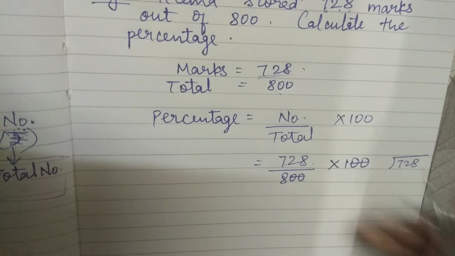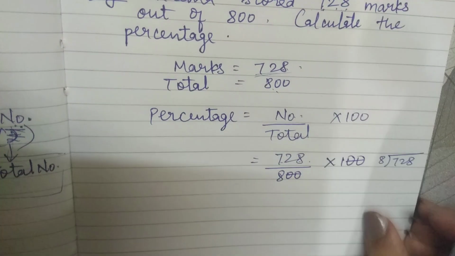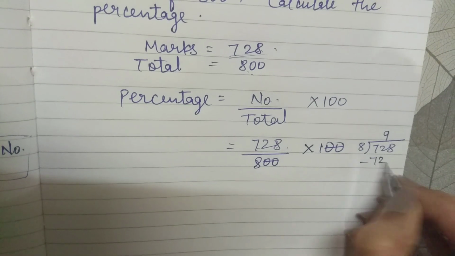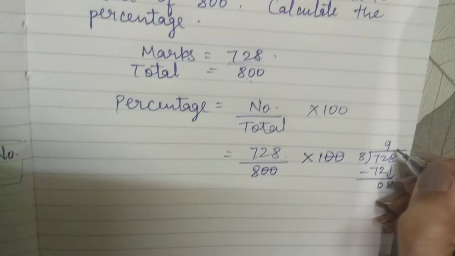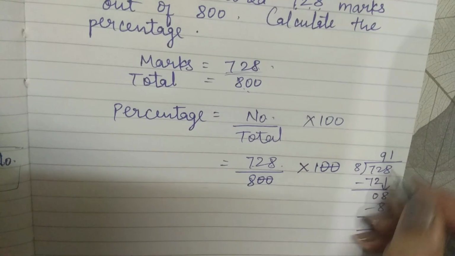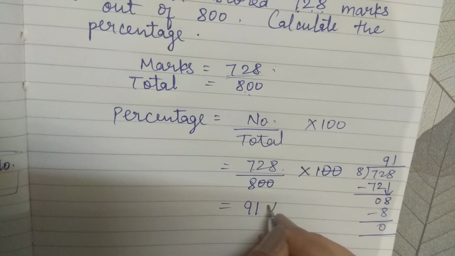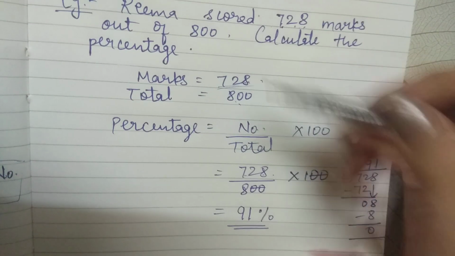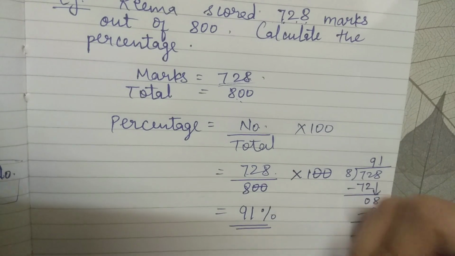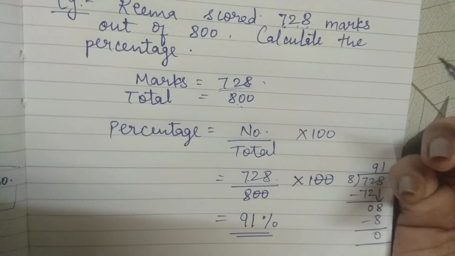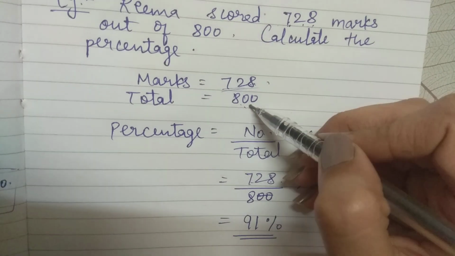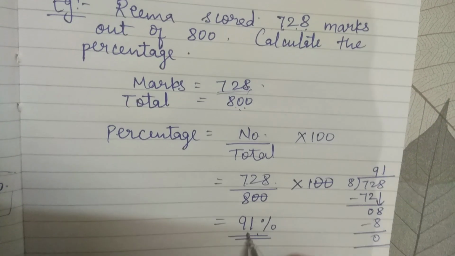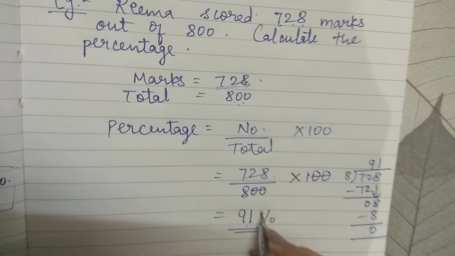Now this you have to do in rough work, which we make on the right hand side always. So we know 8 9s are 72, 8 1s are 8. So answer is 91%. So her 728 marks means in percentage it is 91. Also, I can frame it as out of 100 it is 728 and out of 100 it is 91. Okay, so this was first example.